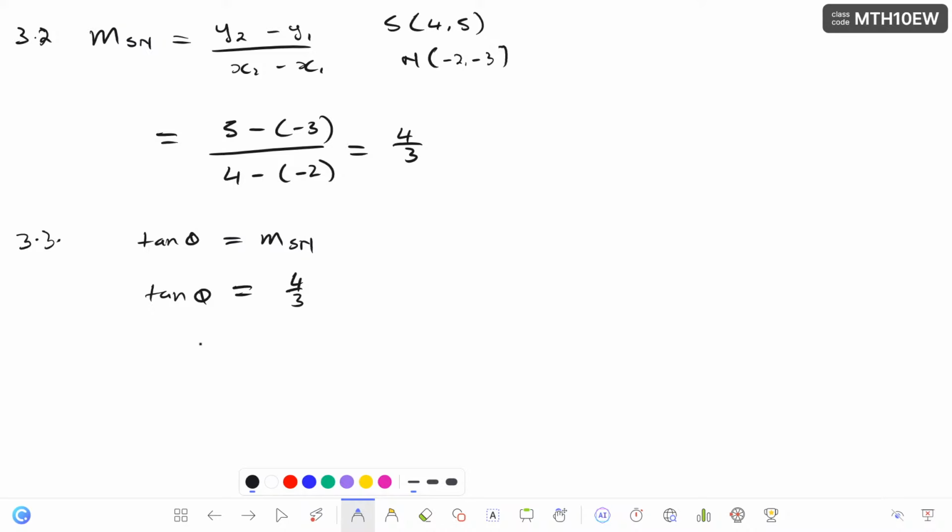Okay, so theta is going to be tan second function, 4/3. So our answer is going to be 53.13 degrees. So that's our value for theta.